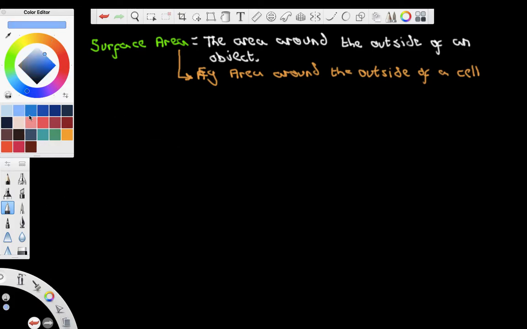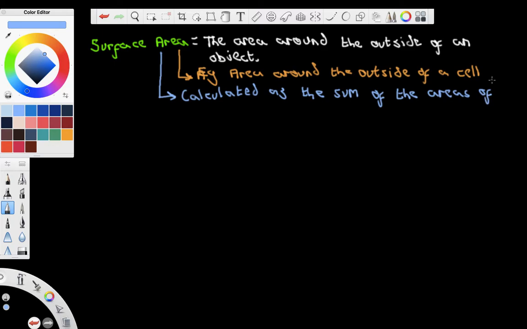So we can put, I'm going to use this blue colour, that it is calculated as the sum of the areas of all faces of the shape.